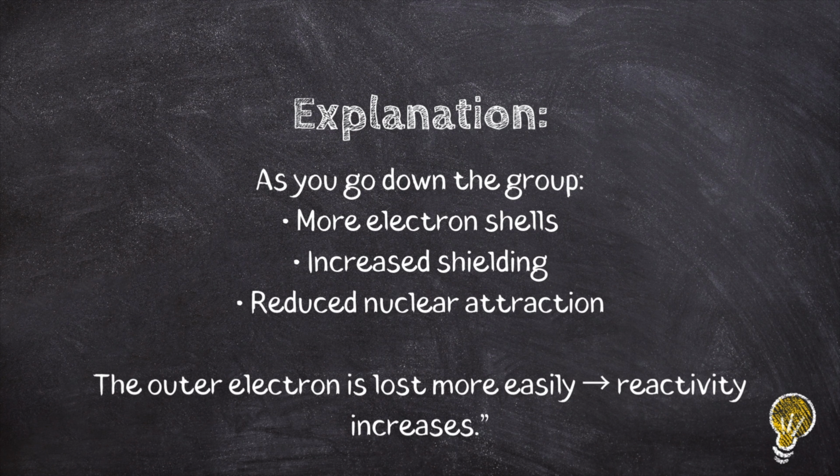Group 1 metals react by losing 1 electron. As you go down the group, atoms have more electron shells. This increases shielding. Shielding reduces the nuclear attraction between the nucleus and the outer electron. Because the attraction is weaker, the electron is lost more easily. So reactivity increases. That's the full explanation examiners are looking for.